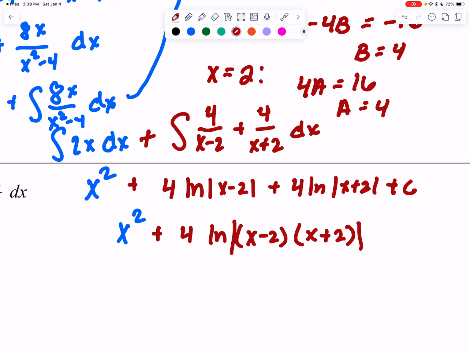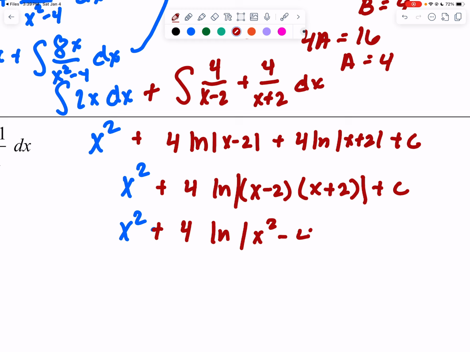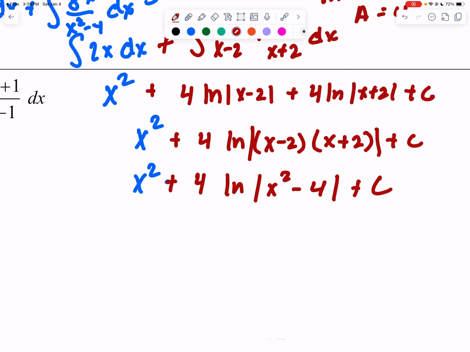And honestly, you can multiply that also. So then you might see something like this. But then you might also see something like this.